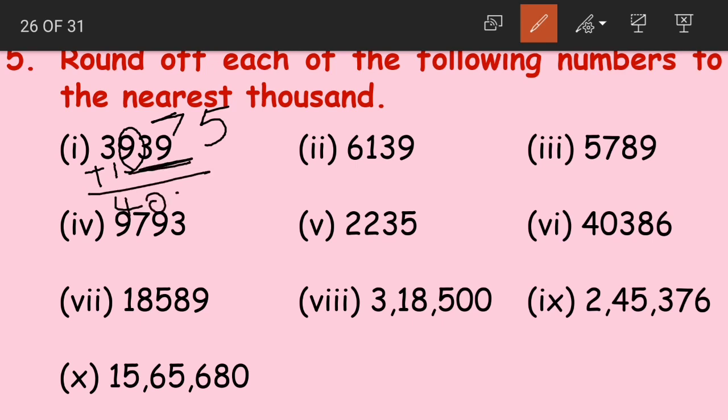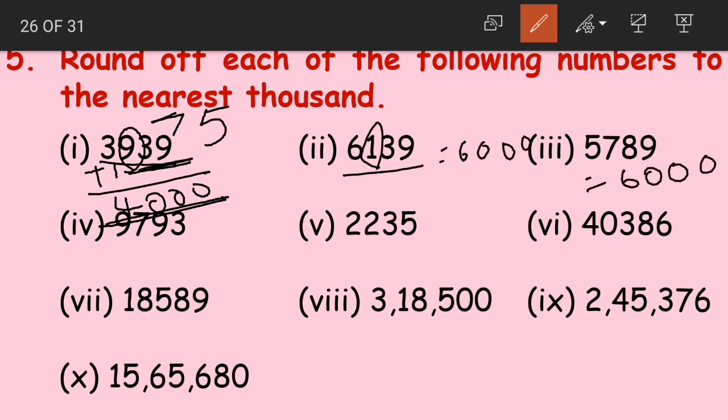Now replace these 3 digits with zeros. So 3939 becomes 4000. This becomes 6000. Why? Because 1 is less than 5. Now this becomes 6000 again. Why? Because 7 here is greater than 5. We are adding 1 to 5. 5 plus 1 becomes 6. 6000.